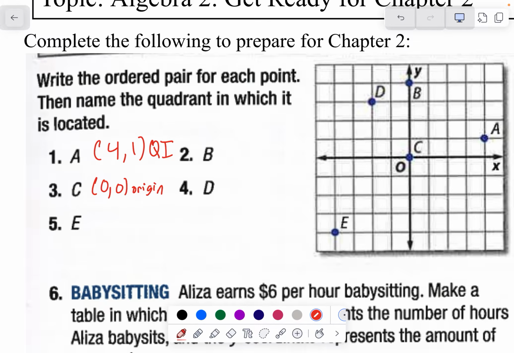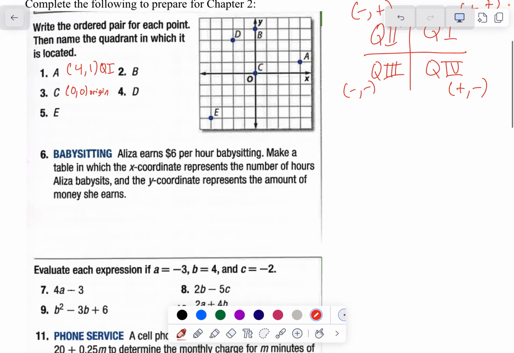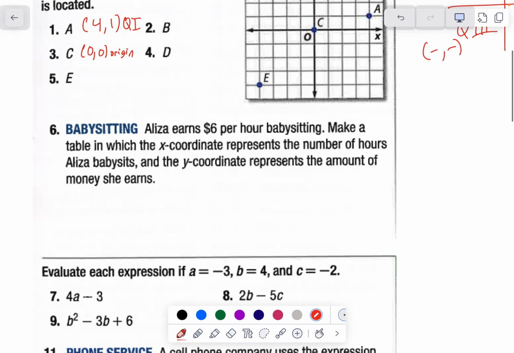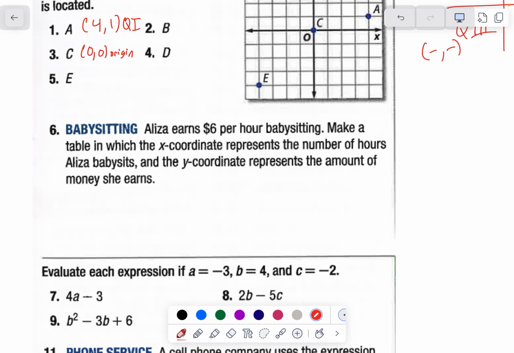Okay? Now, for 6, let's go ahead and help set 6 up for you. It says, Alicia earns $6 per hour babysitting, and make a table in which the x-coordinate represents the number of hours. So let's put x in hours. And then the y-coordinate represents the amount of money.